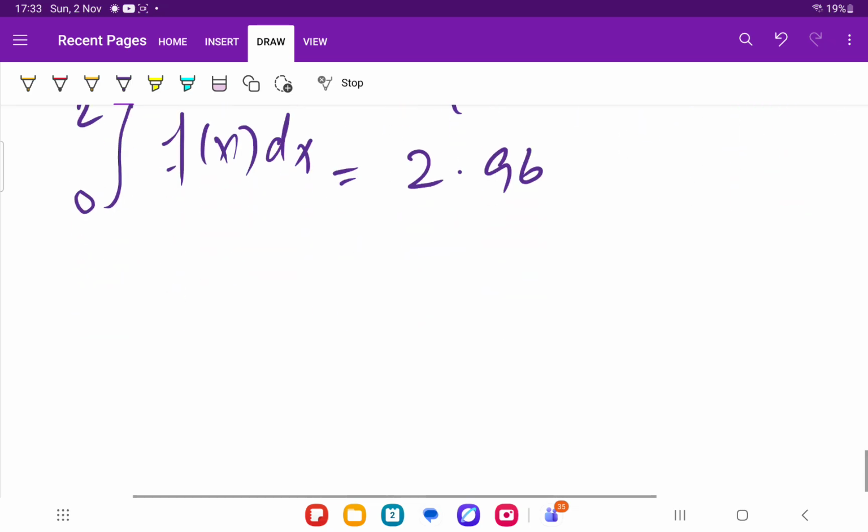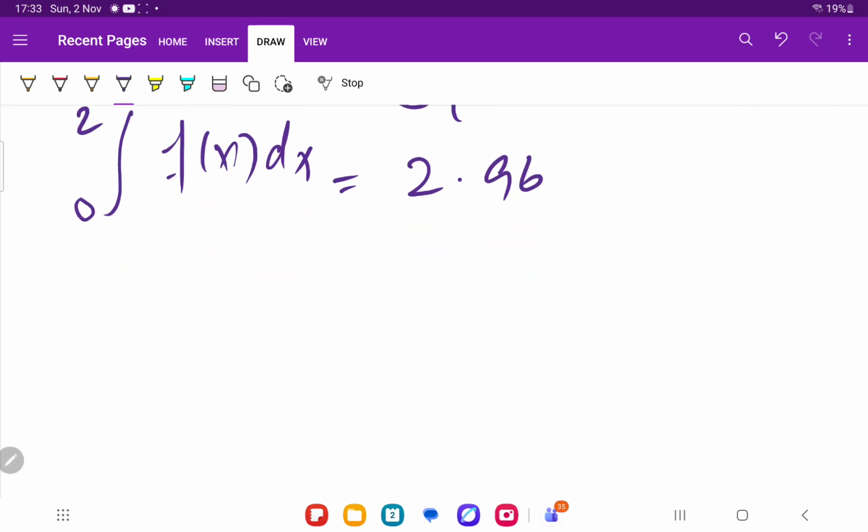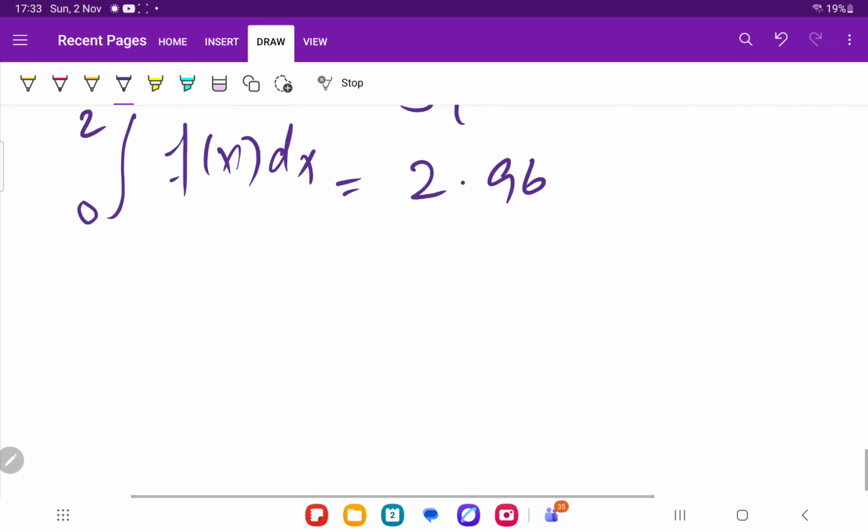So that rule is f of x0 plus 4 multiplied by f of x1 plus f of x2.